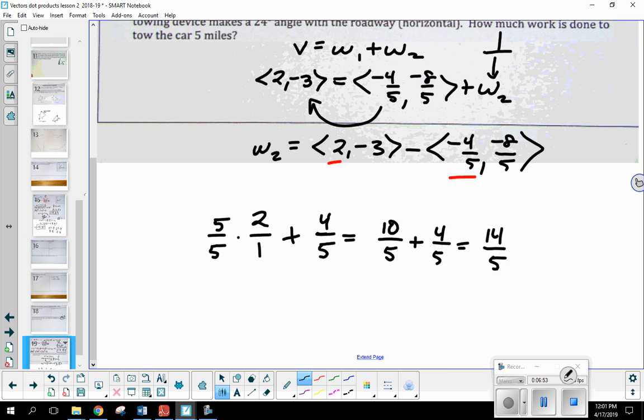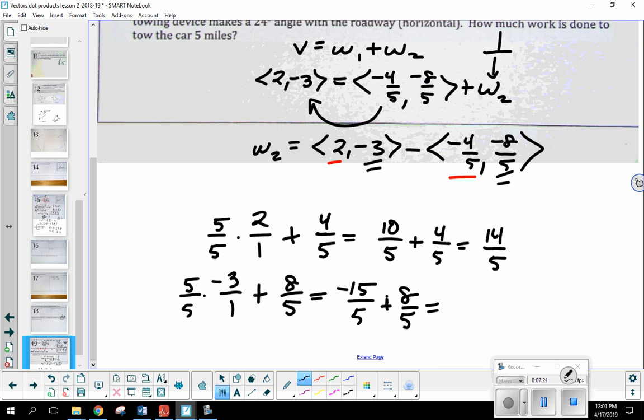So that'll give me 14/5. Now I'm going to do the same thing, but with the b values. So -3. And I'm going to subtract -8/5. But it becomes addition as well. Again, common denominator would be 5. So -15/5 plus, that's a plus, 8/5.